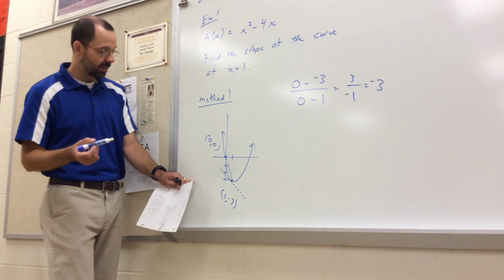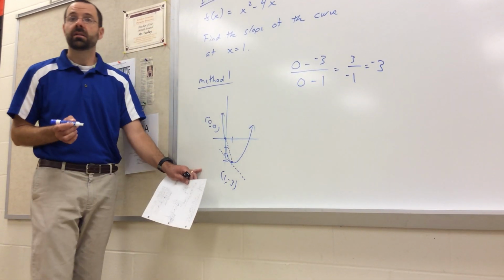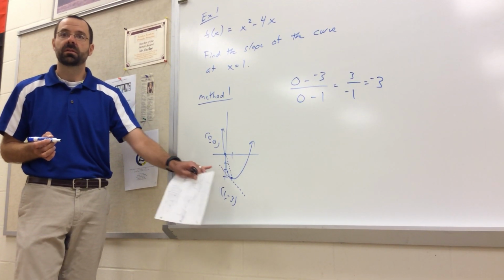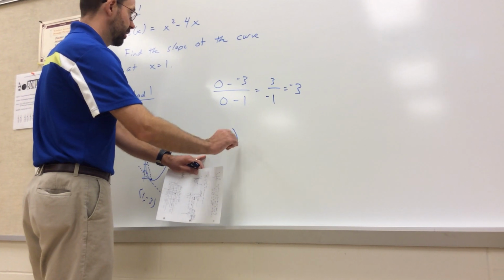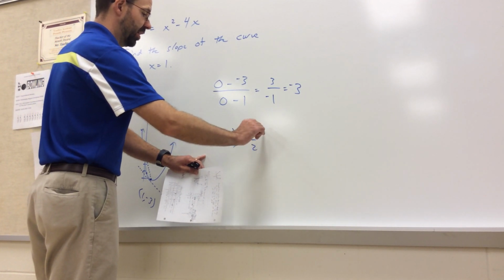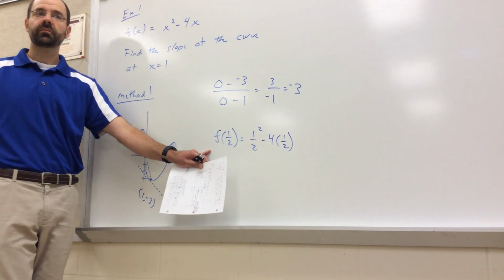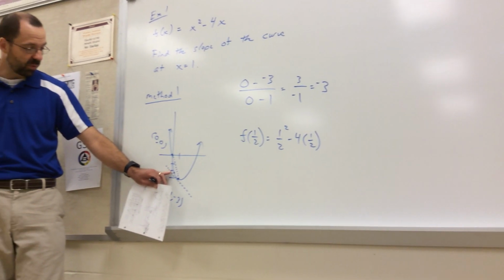Okay, so now I'm going to find this point on the curve, the x equals 1/2 point. So I'm going to take f of 1/2. That's 1/2 squared minus 4 times 1/2. So I'm just plugging 1/2 into my function to find another point on this curve.